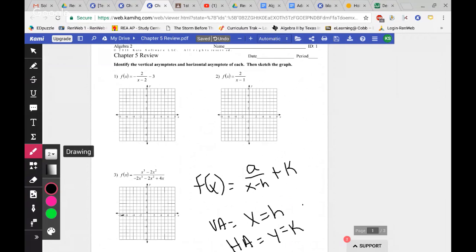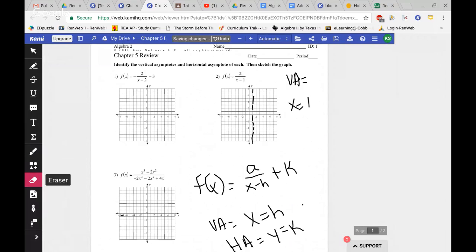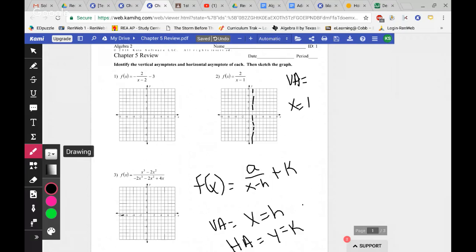So in this case, the vertical asymptote for this one is going to be x equals 1. And the horizontal asymptote, since there's nothing over here on that side, is going to be y equals 0, or the x-axis. And so your graph looks like this.